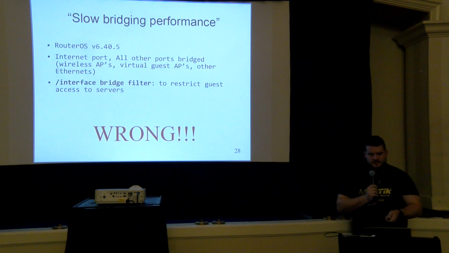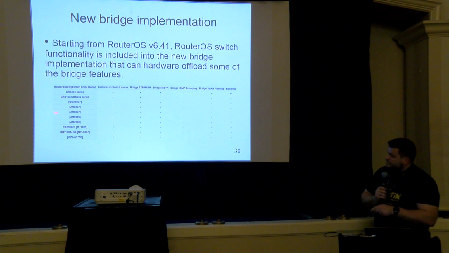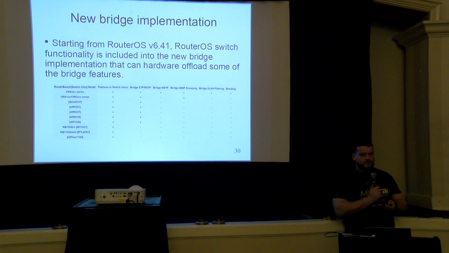Then you can go to the table on the manual page, find that entry and see that this switch supports some switching features in the switch menu. RSTP, STP is also supported, and other features are not supported by this switch chip. But you can hardware offload some stuff with this bridge implementation.